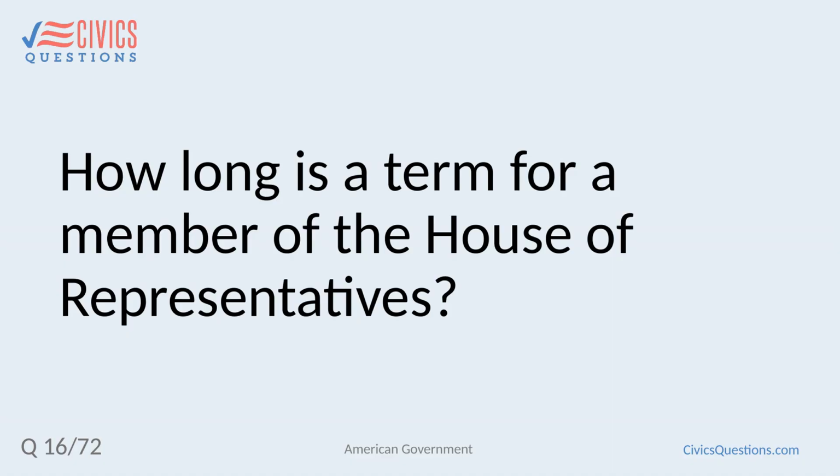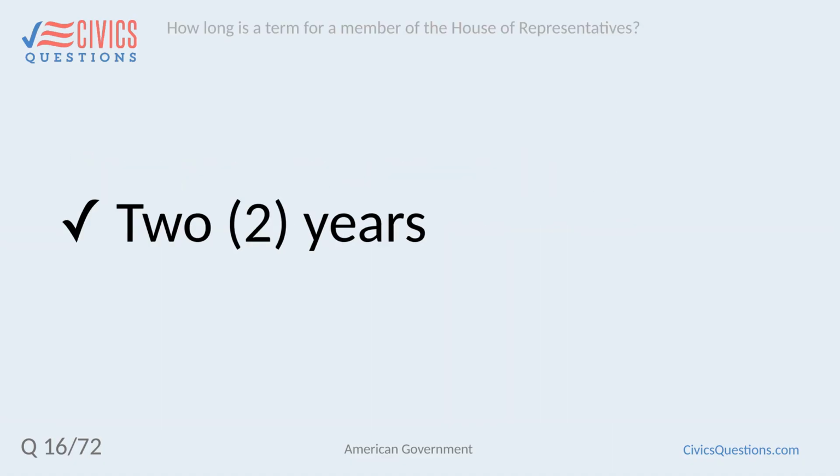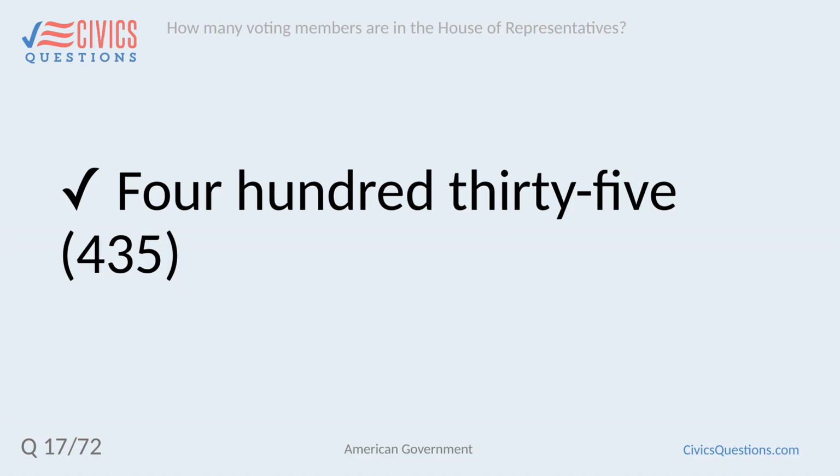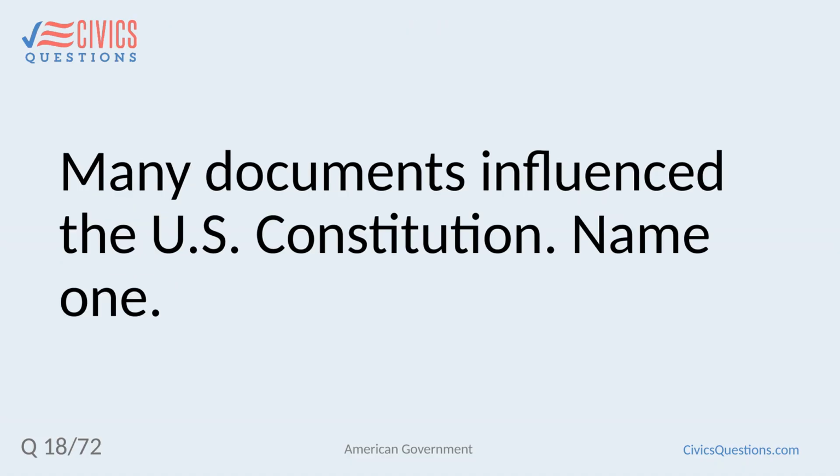How long is a term for a member of the House of Representatives? 2 years. How many voting members are in the House of Representatives? 435. Many documents influence the U.S. Constitution. Name one.